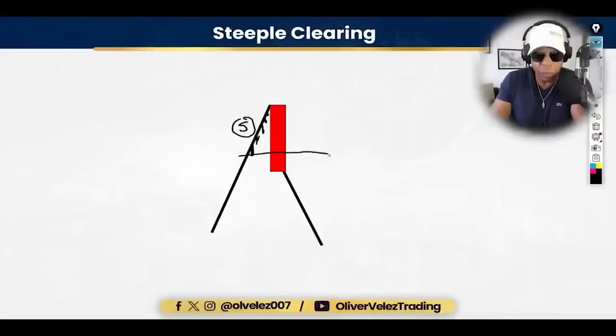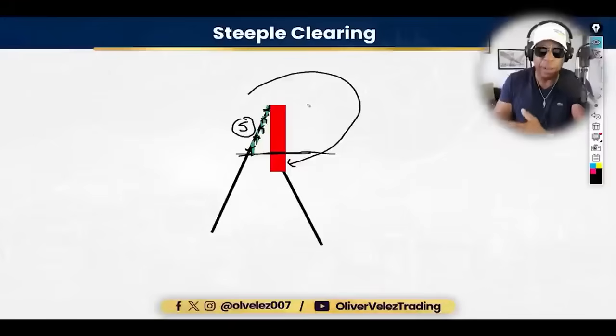So if this in one fell swoop wipes out 5 bars before it, let's say these bars were up, 2, 3, 4, 5, and in one fell swoop, boom, you eliminate 1, 2, 3, 4, 5 bars, all in one fell swoop.